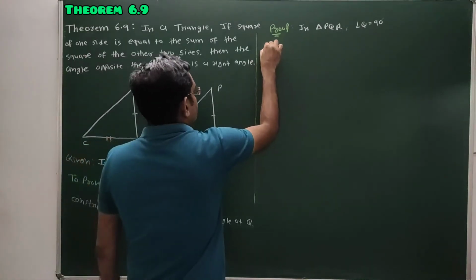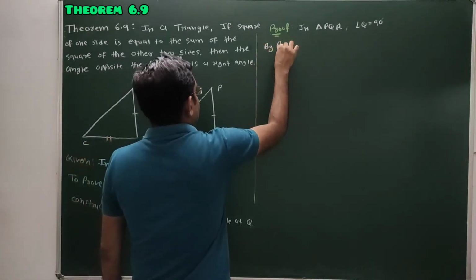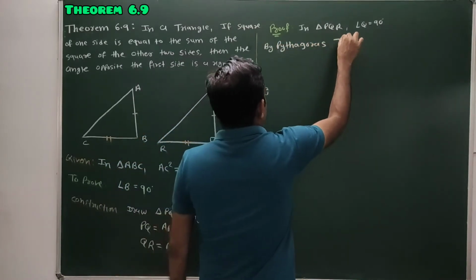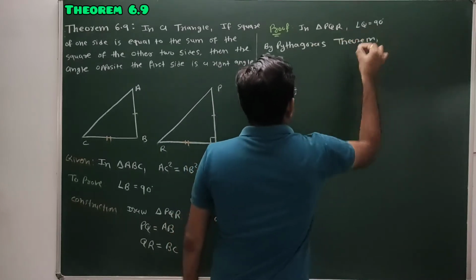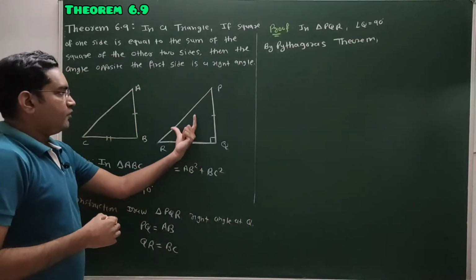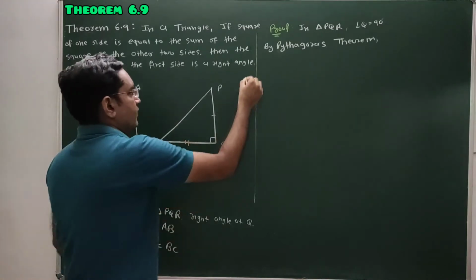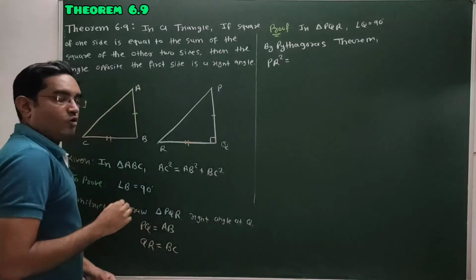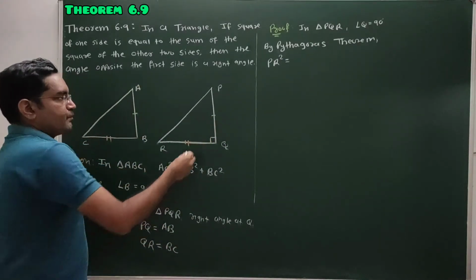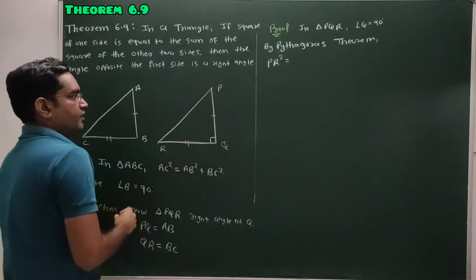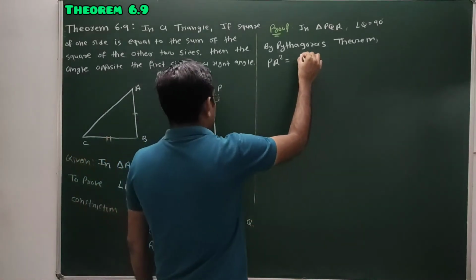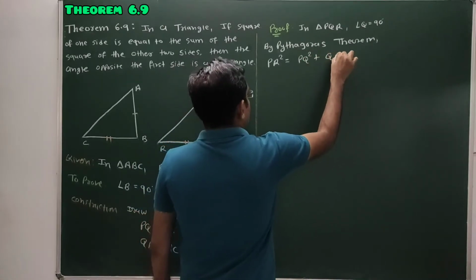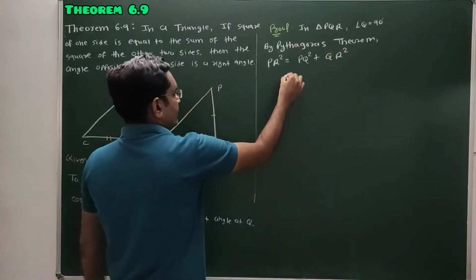By Pythagoras theorem, the square of the hypotenuse, that is PR square, is equal to the sum of the squares of the other two sides, that means PQ square and QR square. So PR square equals PQ square plus QR square.